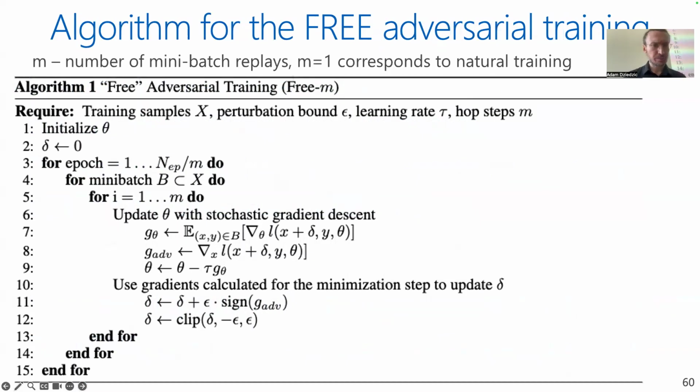The lecture highlights that the free approach is 7 times faster because it uses a single backward pass to simultaneously compute gradients for both the model parameters and the input perturbations. However, in standard PGD training, the input perturbation is optimized while keeping the model weights fixed at the step, whereas here both are updated at the same time.